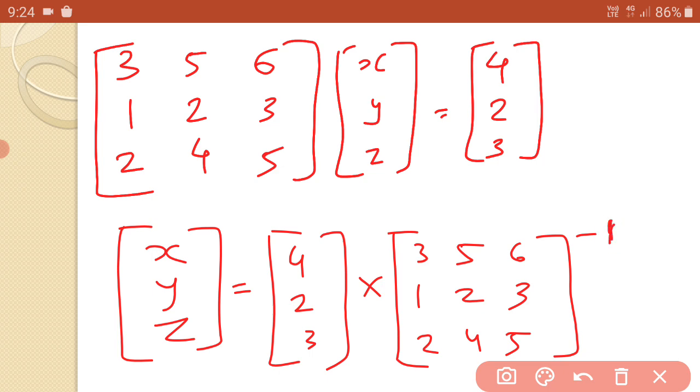Inverse. 4, 2, 3 and the inverse of the matrix on the opposite side. I think it is clear.